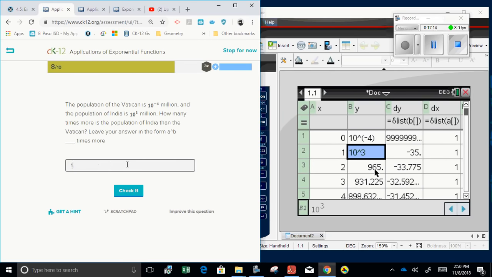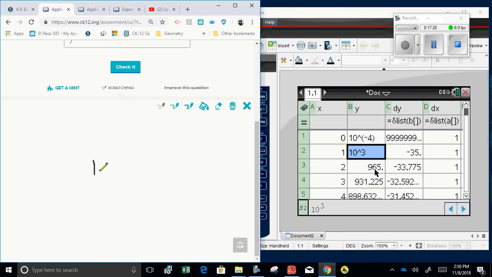Okay. Why? Oh, A to the B. So this would be 7. Now let's use a sketch pad. What am I doing? It's 10 to the negative 4. I mean, 10 to the 3. 10 to the negative 4.